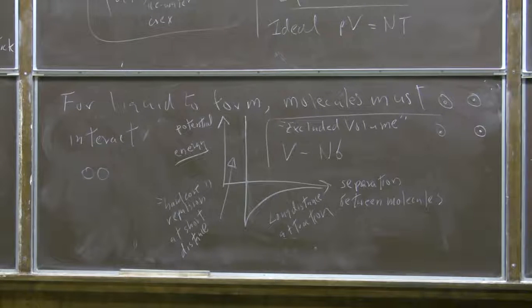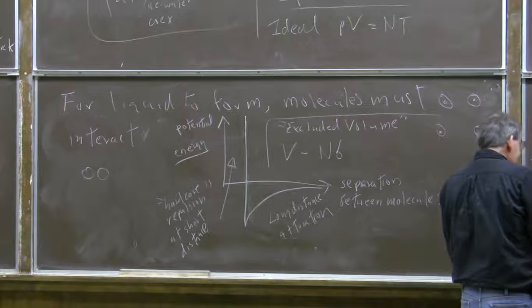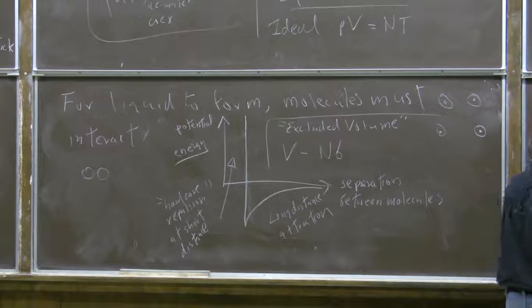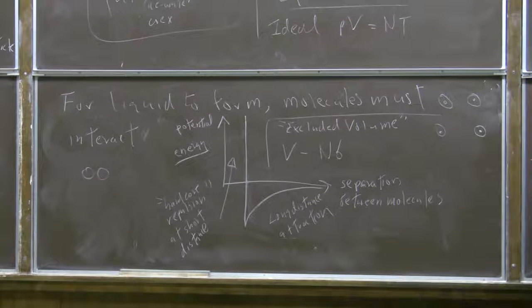We'll be adopting what we'll call mean field theory, meaning that n of x equals n is a constant without any fluctuations. So I can just move it out of the integral and write this contribution to the internal energy as 1/2 concentration squared.